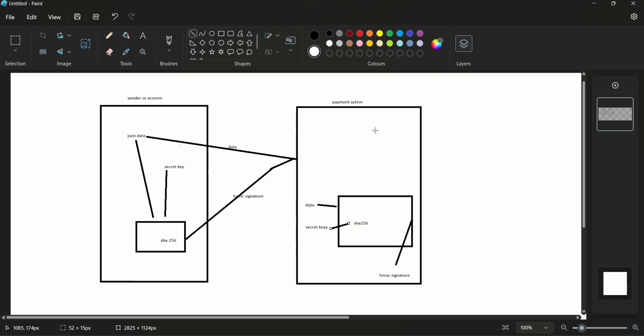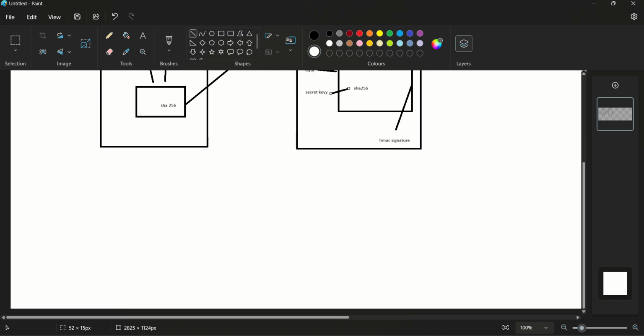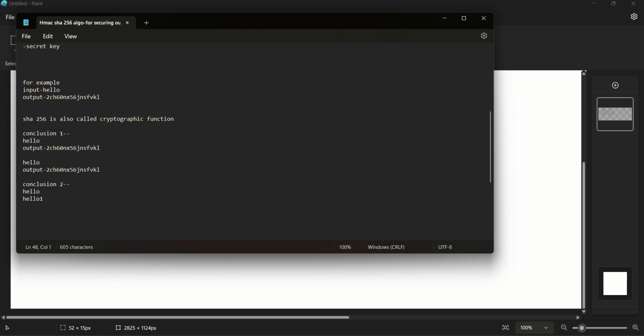When the payment system receives the data, it also passes it through the HMAC SHA-256 algorithm, so now we have two HMAC signatures, from the payment system and the sender.